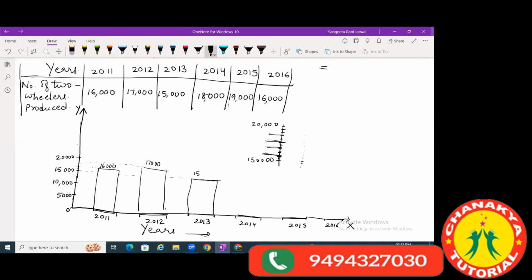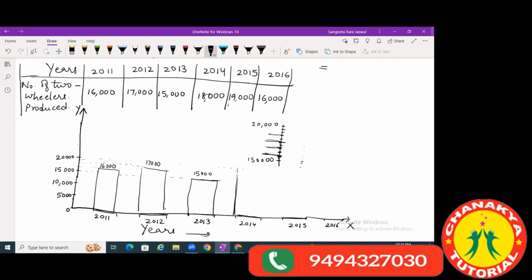Yes. And in 2014, it is 18,000. So 18,000 is another 2 more lines above 17,000. So you have to be very careful in doing this.